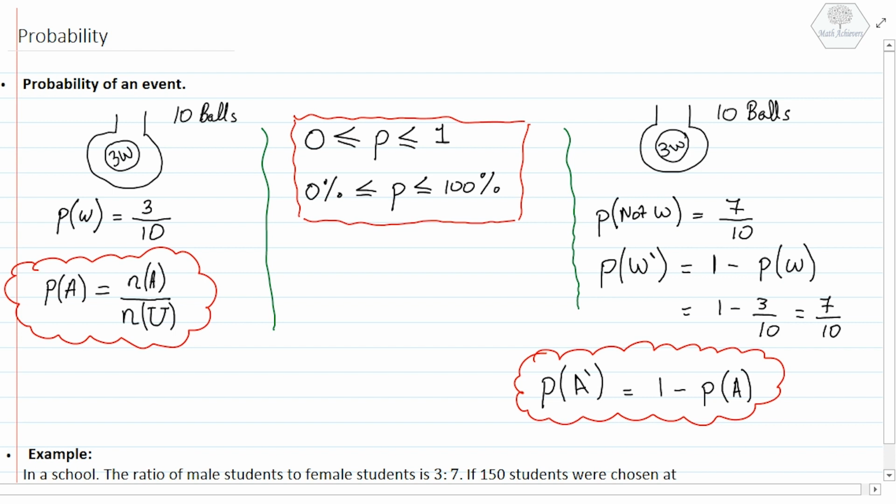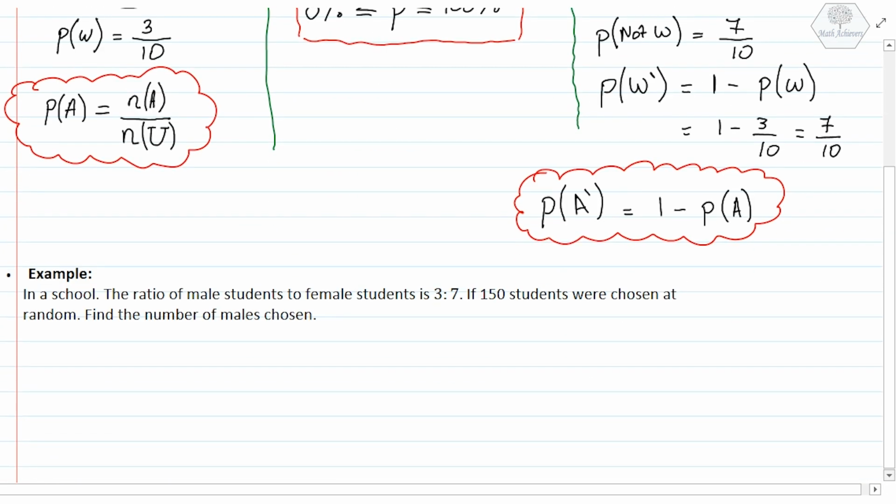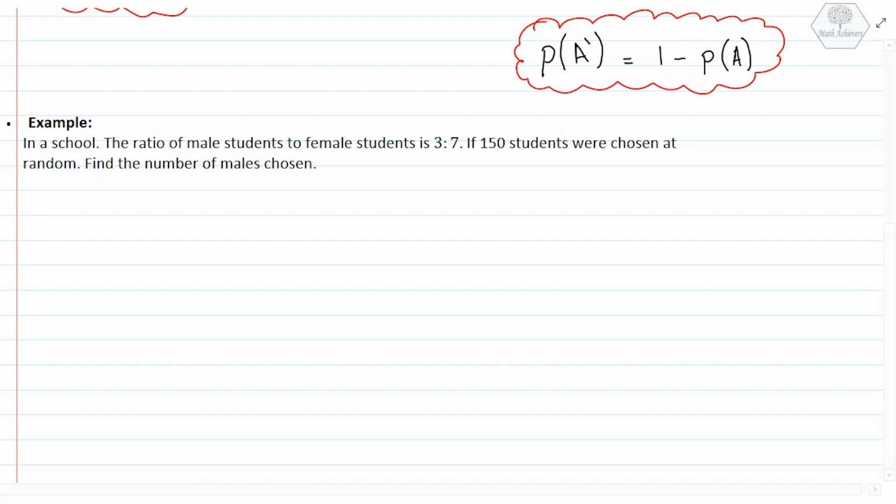Let's see an example now. In a school, the ratio of male students to female students is 3 to 7. If 150 students were chosen at random, find the number of males chosen. Now, when I want to find the number of males chosen, this is called the expected number.